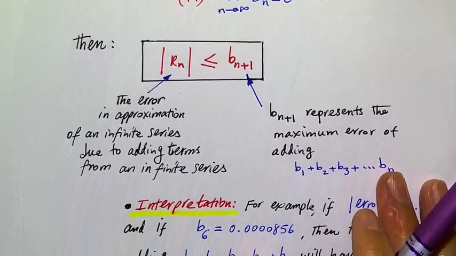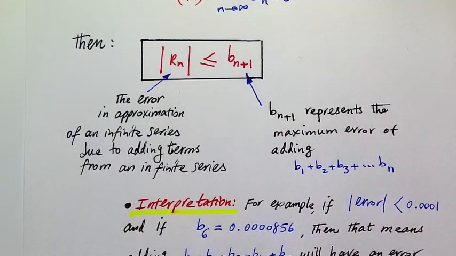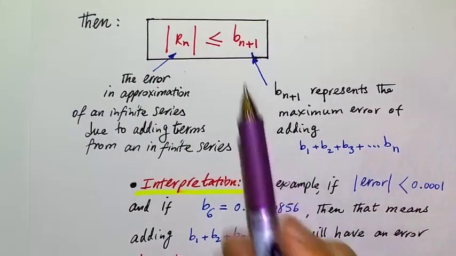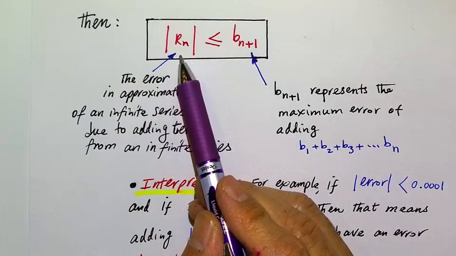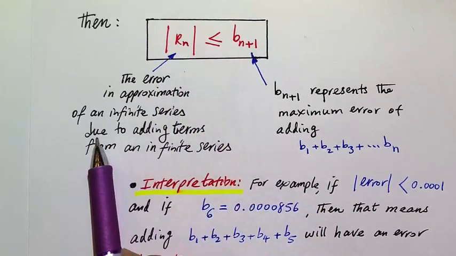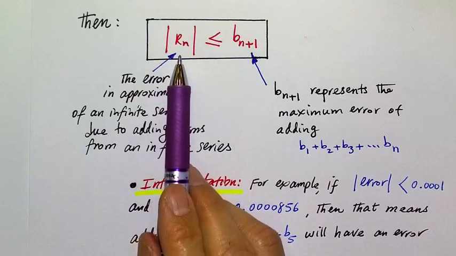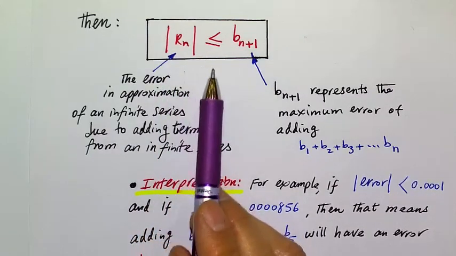In such cases, when we have a convergent alternating series, then we can find the error in approximation of an infinite series due to adding terms from it. So the error, we can find it using this inequality.